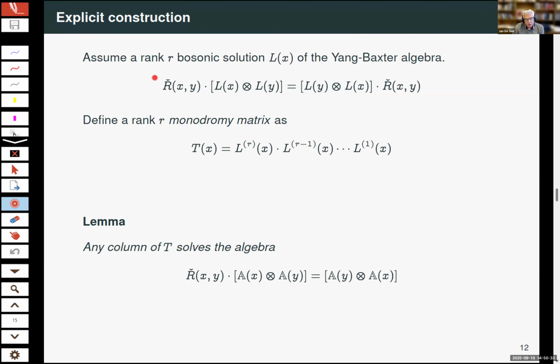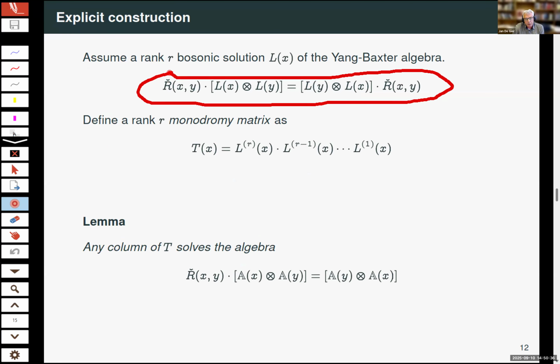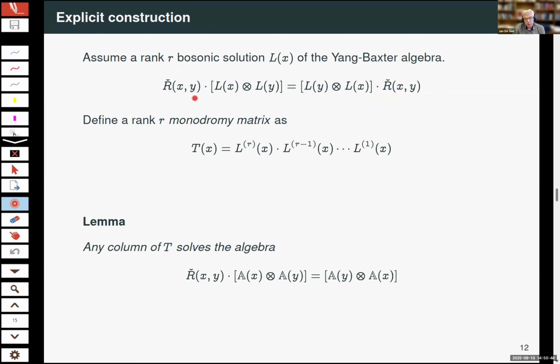And that can be done by first looking at the Yang-Baxter algebra. We need to solve this RLL equation for bosonic L matrices corresponding to a rank R. And if we can do that for each R and form the monodromy matrix as a product of L_R, L_(R-1), all the way up to L_1, then the claim is that every column of this T will satisfy the Zamolodchikov-Faddeev algebra.